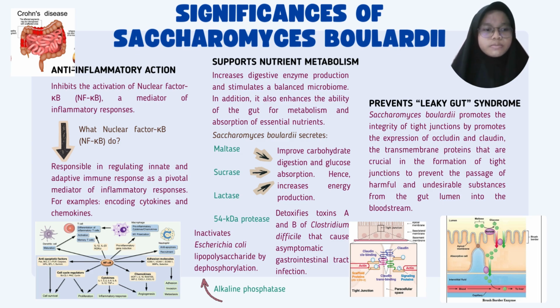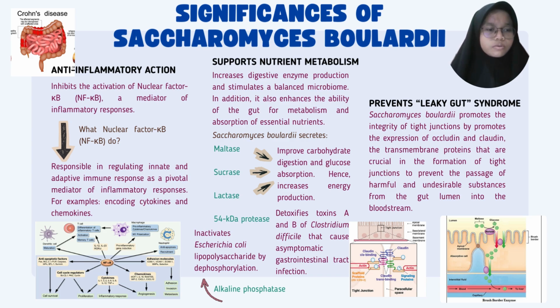Next, we move to the last enzyme, which is alkaline phosphatase. As its name suggests, it relates to the phosphate group. Alkaline phosphatase inactivates E. coli by removing the phosphate group from the lipopolysaccharide of E. coli. So it makes E. coli no longer toxic to the gut.